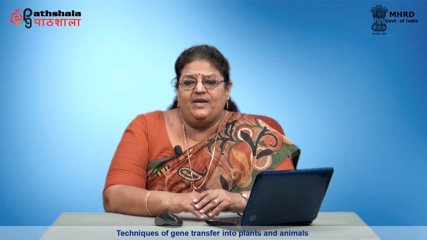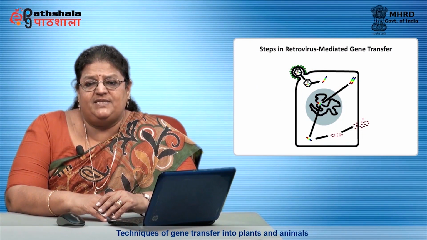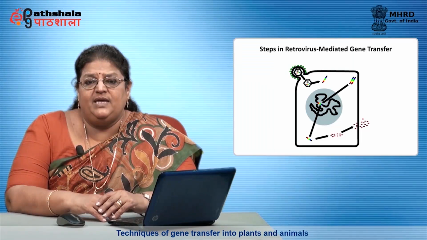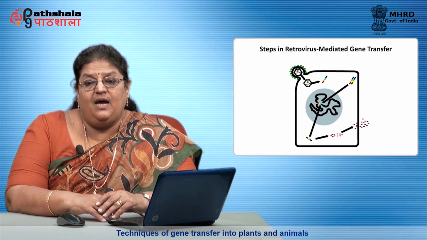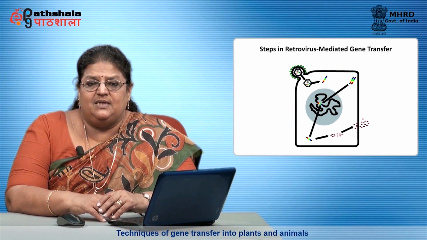Starting with the retroviral transfer, retrovirus particles, which are highly infectious in nature, are modified to a defective state. This modification makes them lose the infective or pathogenic nature. They, however, retain their capacity to transfer DNA into animal cells.